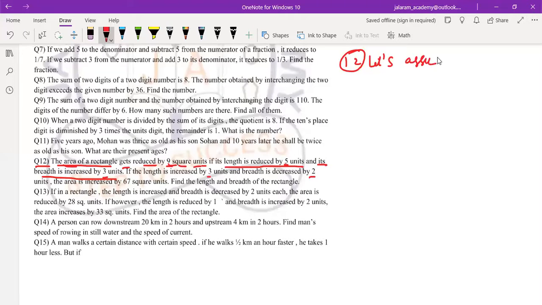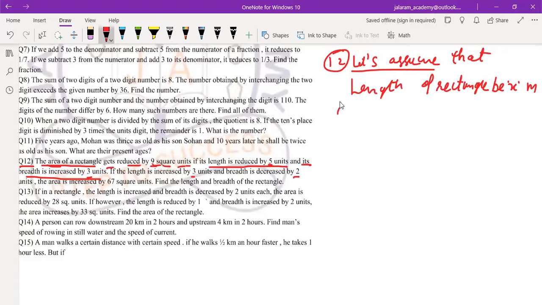Let the length of the rectangle be x meter and the breadth be y meter.